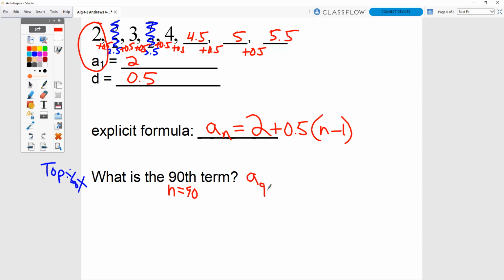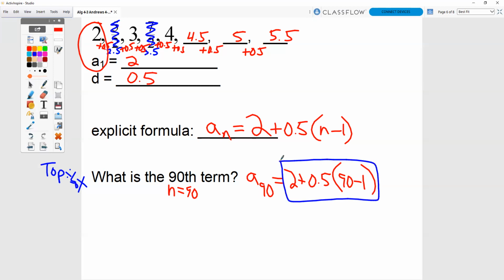So a sub 90 equals 2 plus 0.5 times 90 minus 1. You're going to take that and type it right into the calculator. When you do that, you get that the a sub 90 is 46.5.